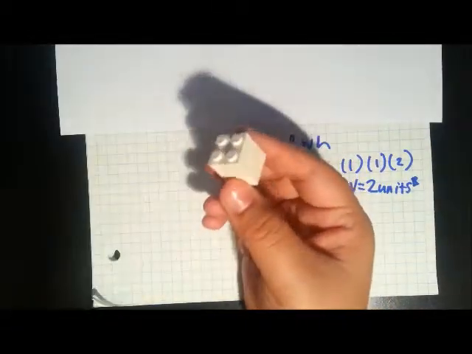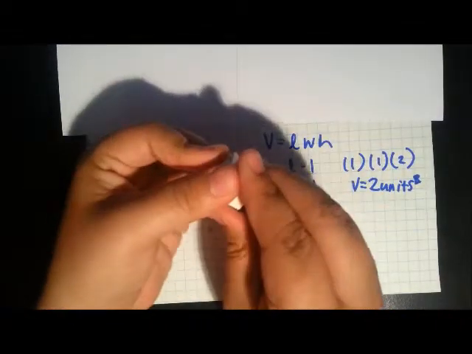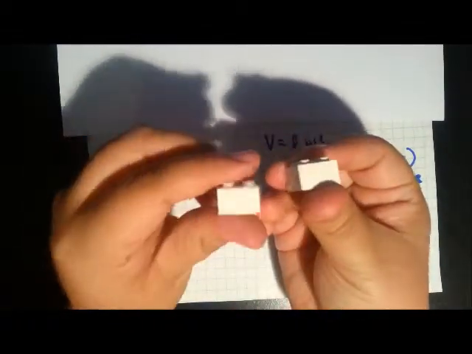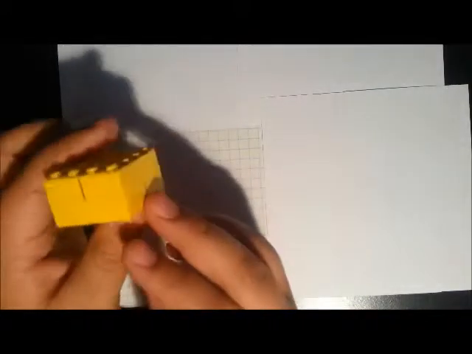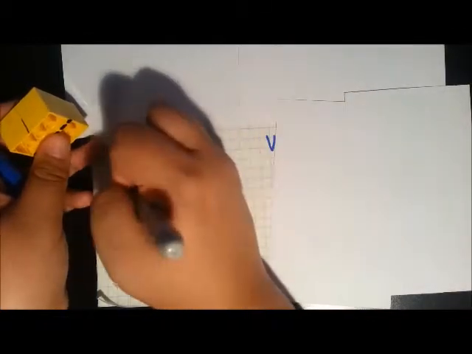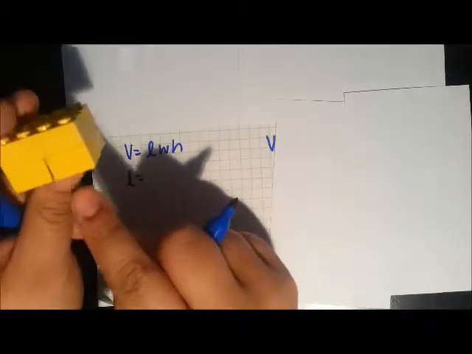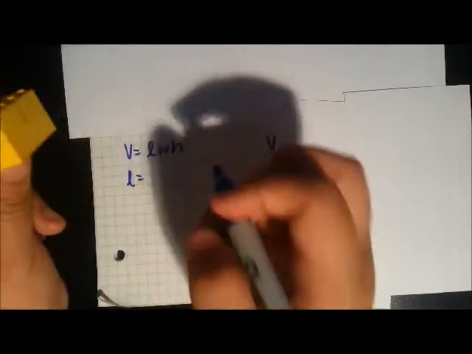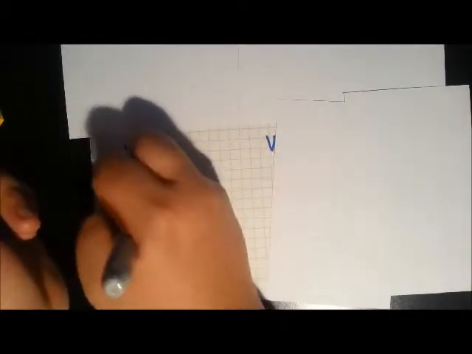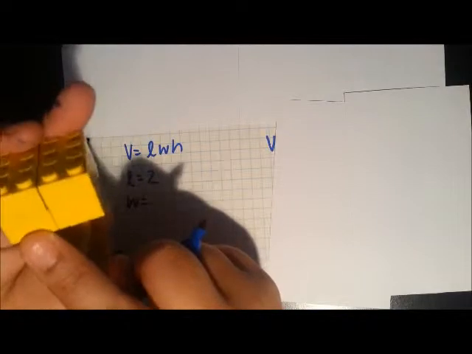And again, if you want to take it apart to figure that out, you can. And here is 1, 2 units. For the next one, we're going to be calculating the volume for this rectangular prism. So, volume is equal to length times width times height. The length of this one is 1, 2. The width is equal to 1, 2.